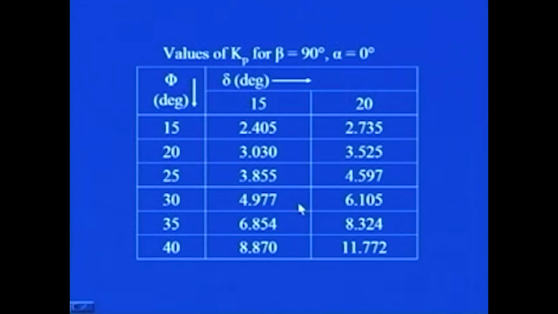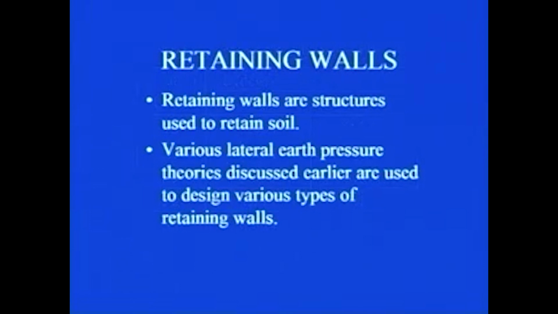These are a few more values corresponding to delta equal to 15 and 20. For different values of phi, you simply have to choose the corresponding parameters which are appropriate for your problem, and then pick the corresponding value of Kp, and then go ahead confidently to estimate the total passive force per unit length of the wall.